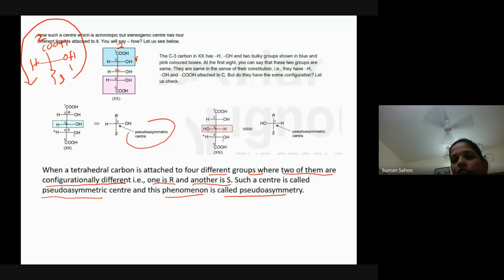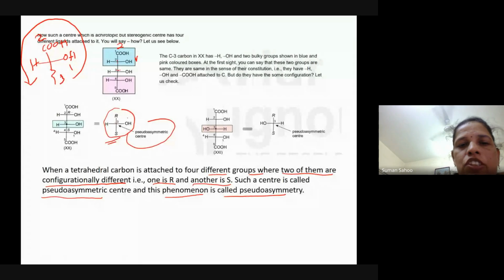Okay, so if you have to give the configuration to this carbon, this compound, what configuration would you give? First, this one will be of higher priority, and from the CIP rule, R always gets higher priority as compared to S. So 1, 2, 3, and this is 4.